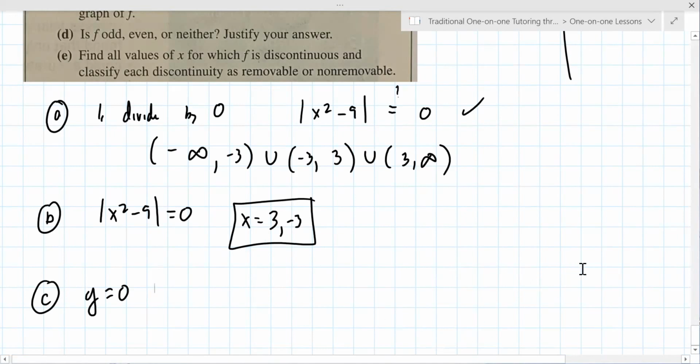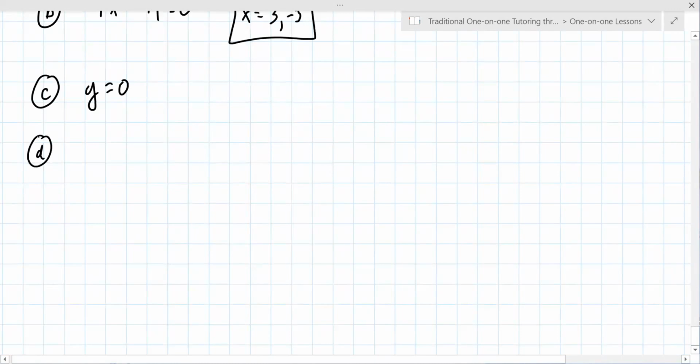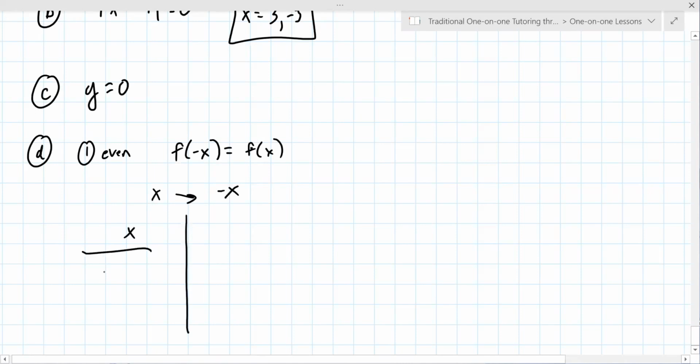Okay, can we move on to part D? Yeah. All right, so even, odd, and neither is a pre-calculus step. If it's even, and this is the first thing you always try, f of minus x equals f of x. So you literally take x in the original and put in minus x. The original is x over absolute value x squared minus 9, and you replace all of the x's.